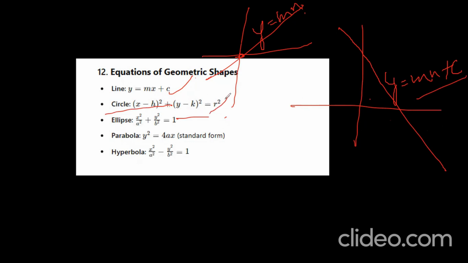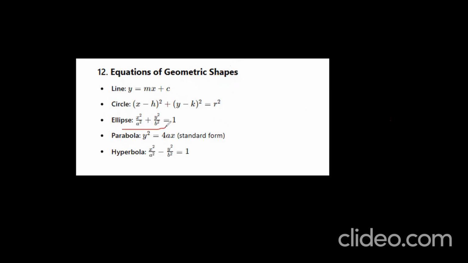For the ellipse, x square by a square plus y square by b square is equal to 1. For a parabola, y square is equal to 4ax. For a hyperbola, x square by a square minus y square by b square is equal to 1. In this way, we can write the geometric shapes and their equations. Got it?